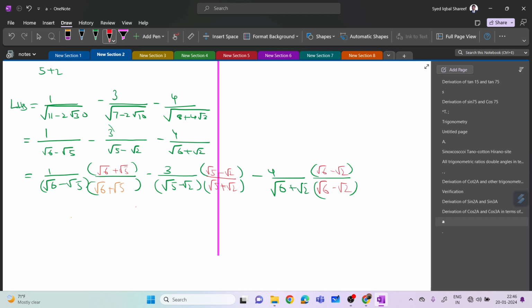Okay, now the form. What is that form? A plus B into A minus B is A square minus B square.